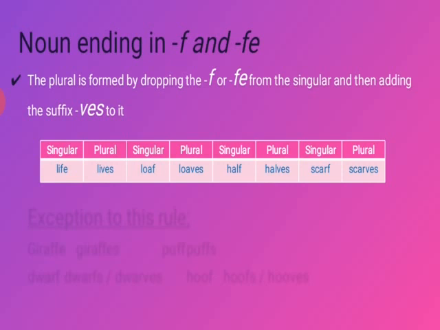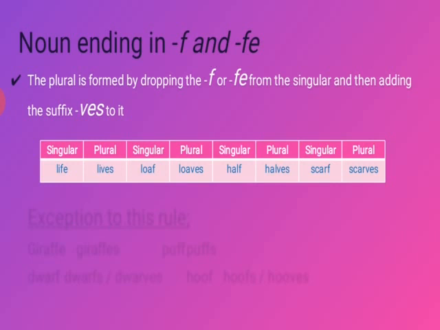You can see it in life. We have dropped FE and we have added VES, so it has become lives. Again, loaf, F is dropped and added VES. Half, F is dropped and we have added VES to its suffix.